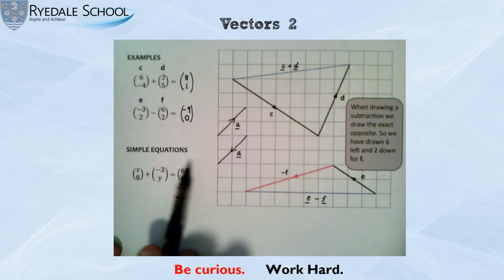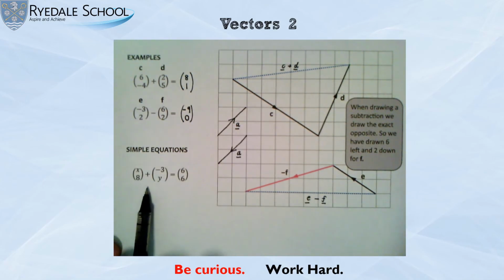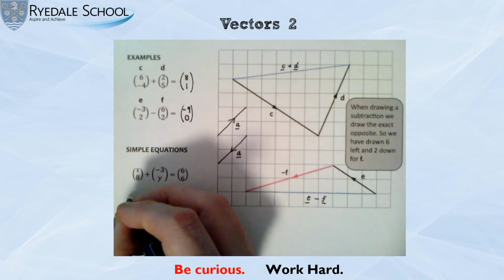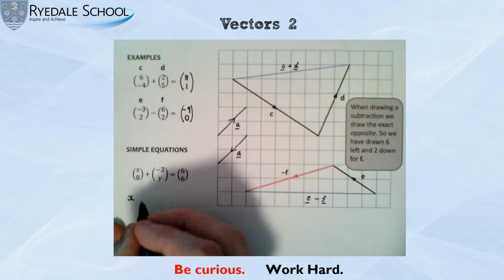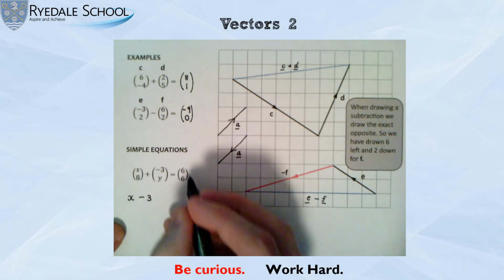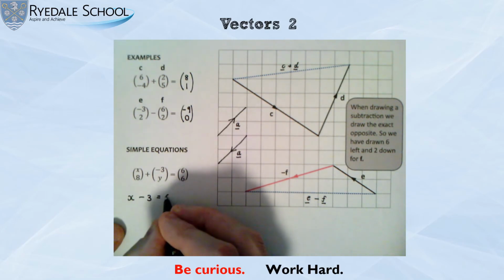And that's exactly what you have to do in something like this with some unknowns. If I just look at the x components, I can see that x plus negative 3, well, that's the same as subtracting 3, equals 6.